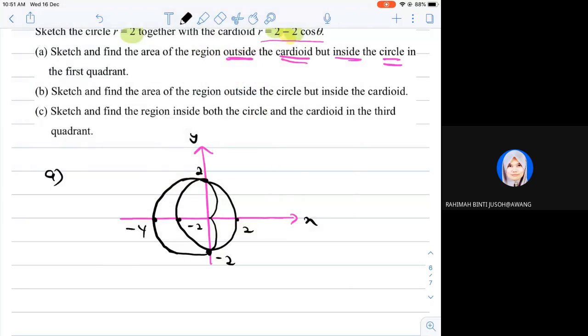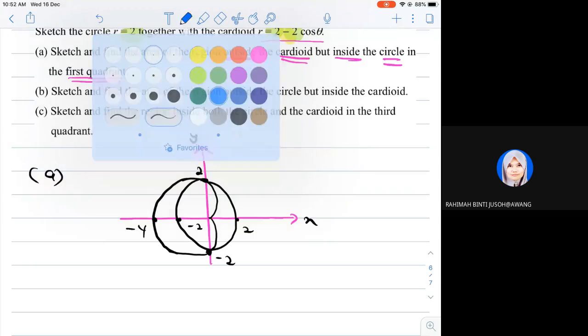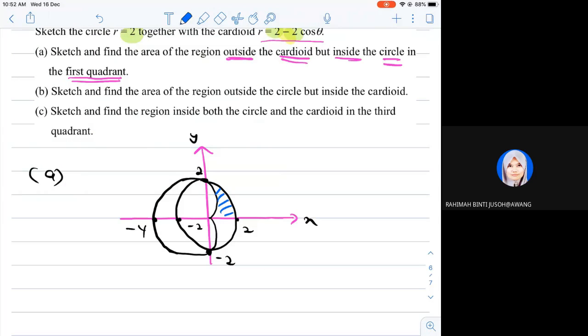Question A. Outside the cardioid but inside the circle, and there is another one in the first quadrant. Okay, so we will have this region, isn't it? Do you agree with me? Yes.